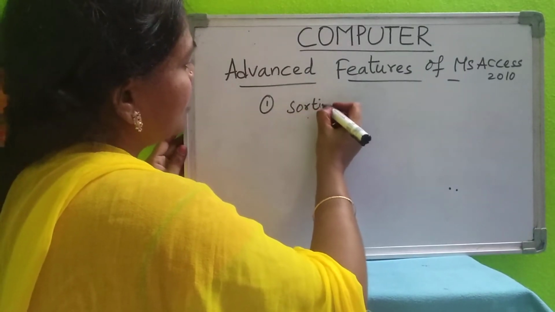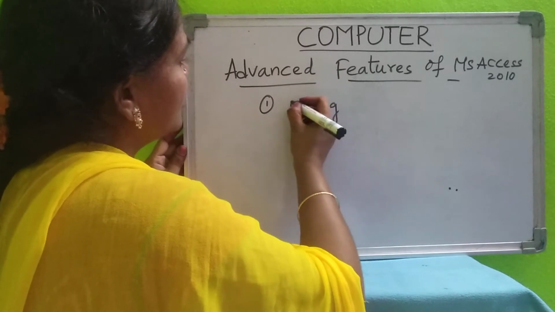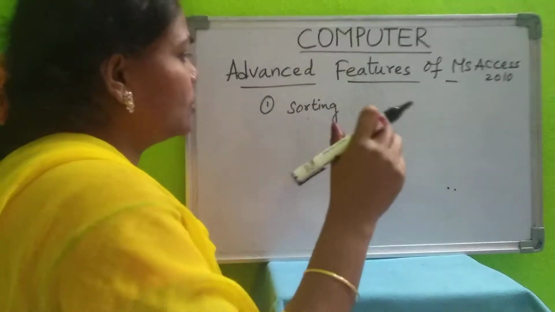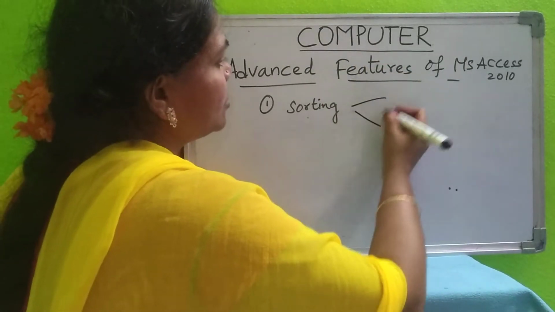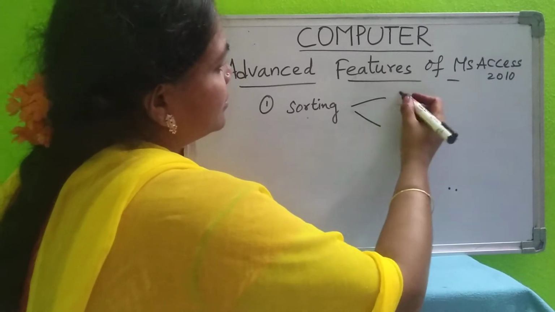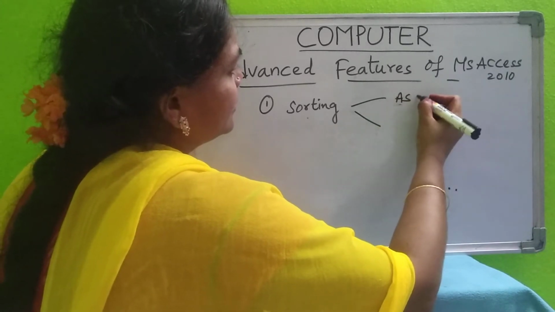Sorting. Sorting means we organize the data in ascending order or descending order according to one column name. In sorting we have learned how to ascend the data and how to descend.